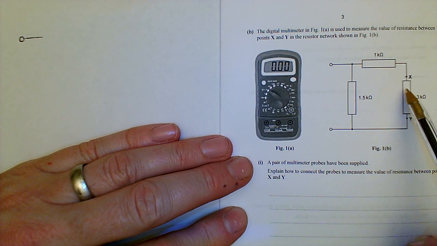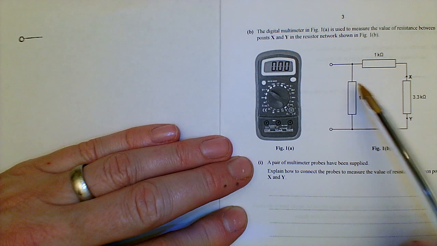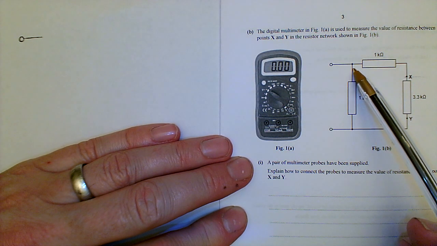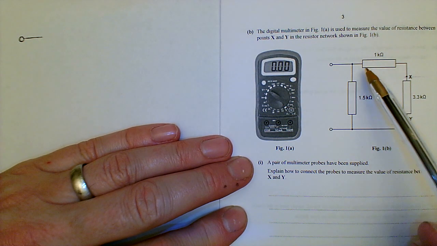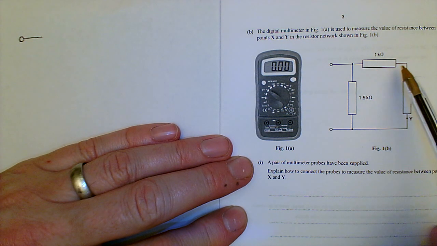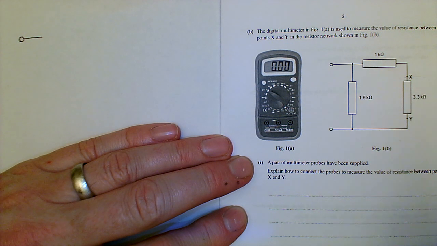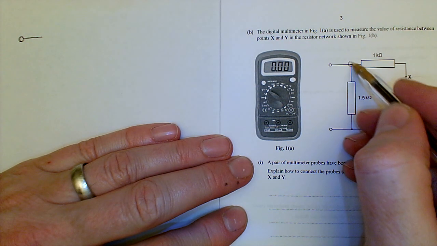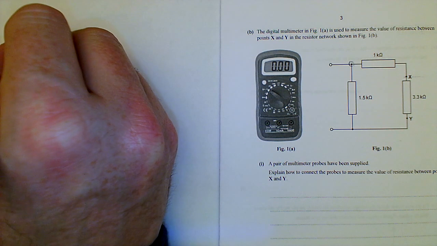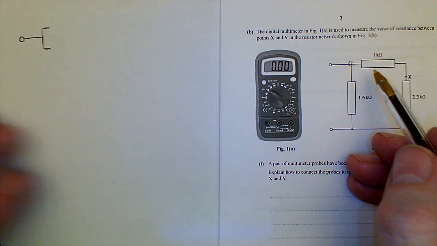At the moment these two look like they're in parallel, and it's not a deliberate trick, but it is the examiner finding out whether you actually understand the diagram, whether you can see through a simple arrangement to see the truth of what's actually in front of you. So at this point here the circuit splits. If I redraw that with a split, I start to see what's going on.